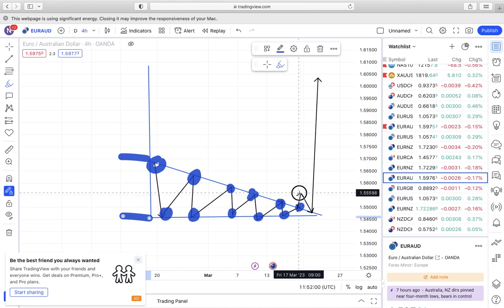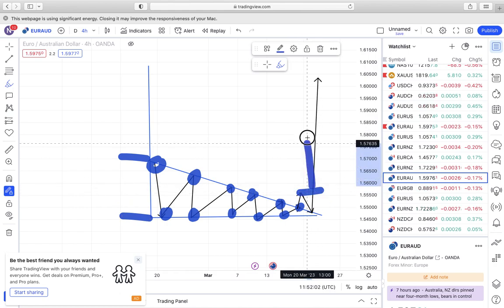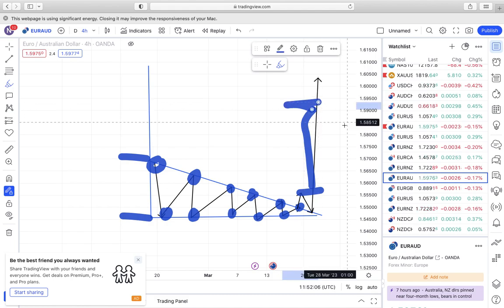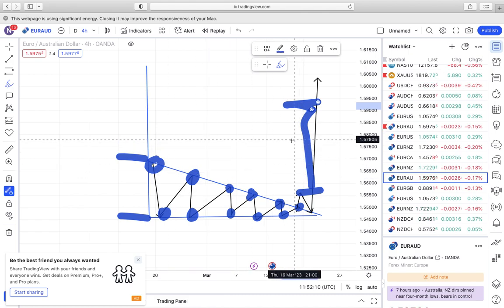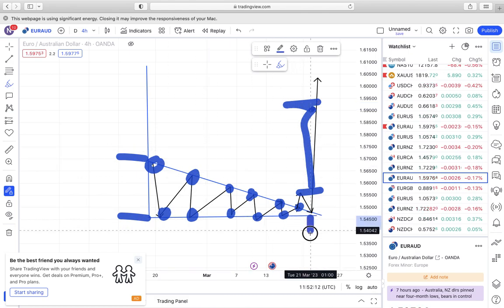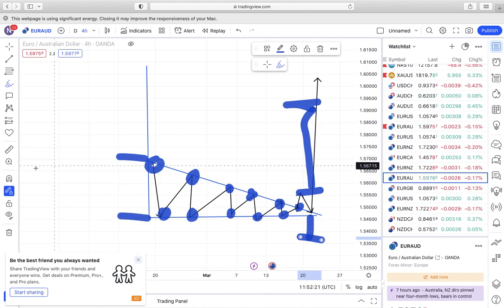Then you come here, measure your entry up to the same distance. That one is the guaranteed take profit. Your stop loss should be some 50 pips below the trend line, and that one is how to trade an upward breakout, which is the bullish breakout.